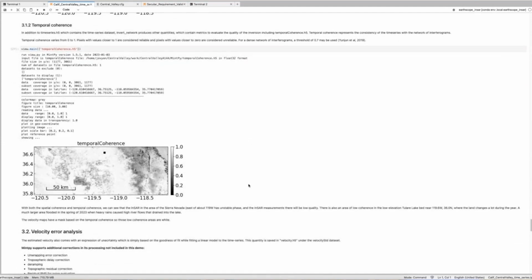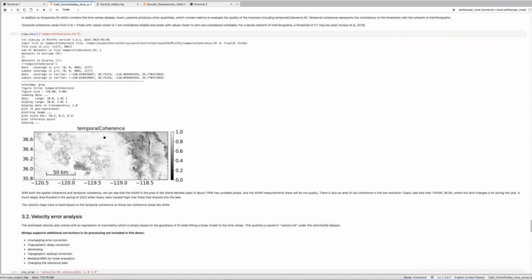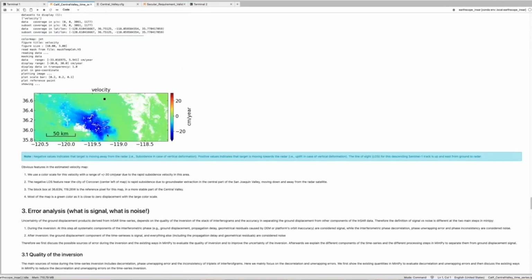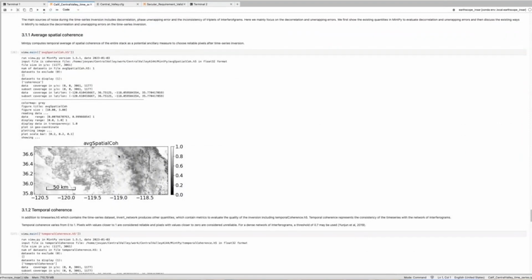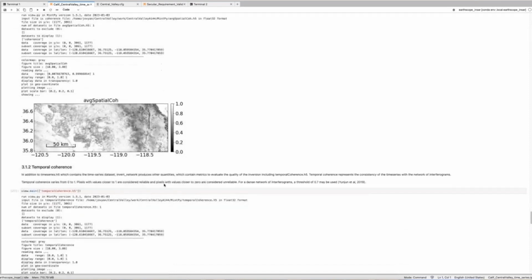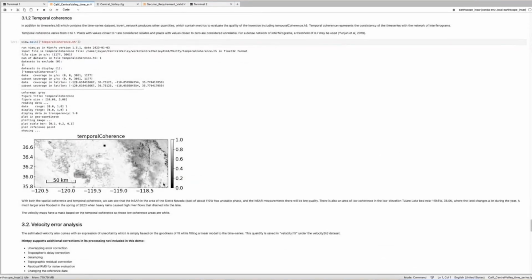That's why MintPy estimates the temporal coherence, and for the velocity maps like this one back here, it is applying a mask based on a threshold applied to the temporal coherence, which you can adjust if you want to use a different threshold.